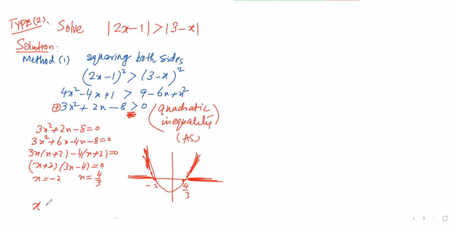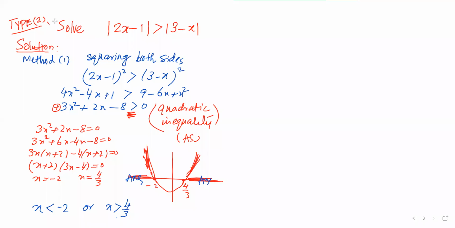So the answers are two answers, and there's a gap in between. So we write x is less than minus 2, or second, x is greater than 4 over 3.